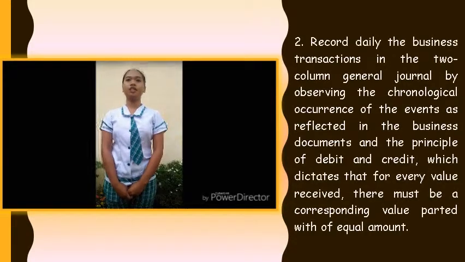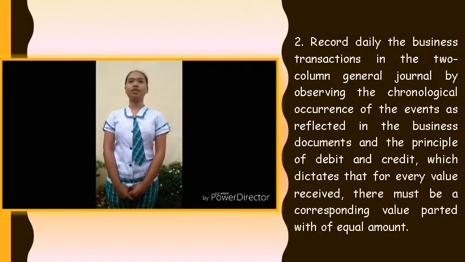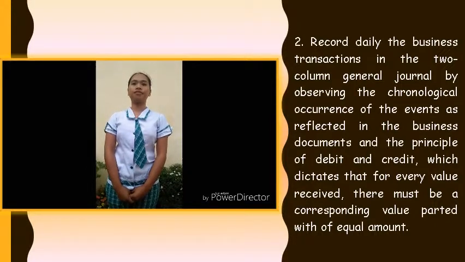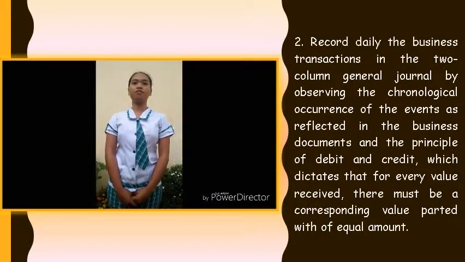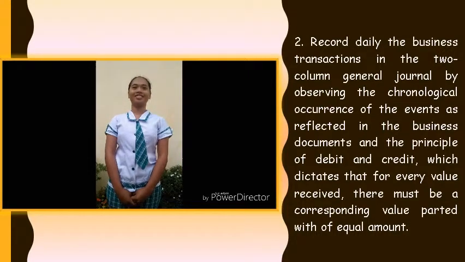Number 2. Record daily the business transactions in the two-column general journal by observing the chronological occurrence of the events as reflected in the business documents and the principle of debit and credit, which dictates that for every value received, there must be a corresponding value parted with of equal amount.